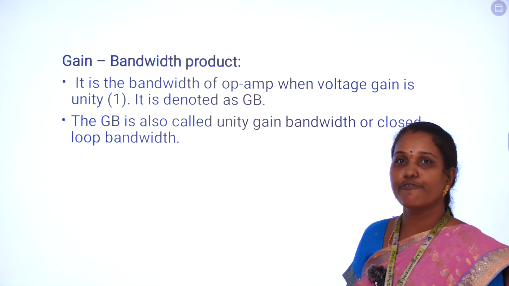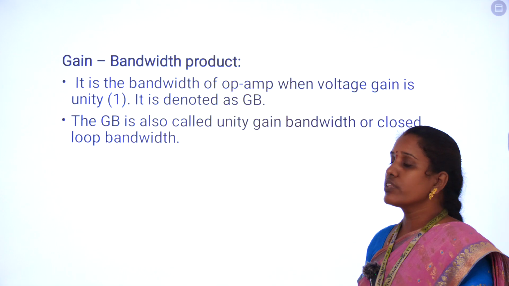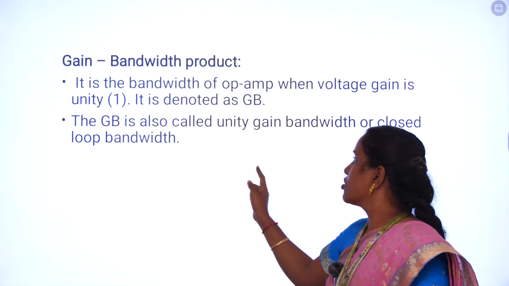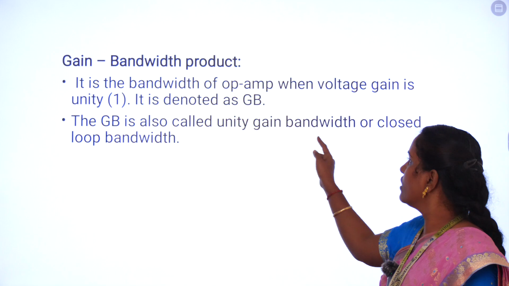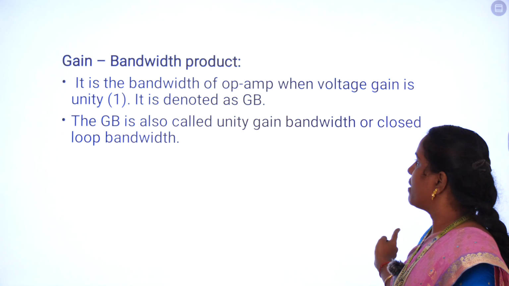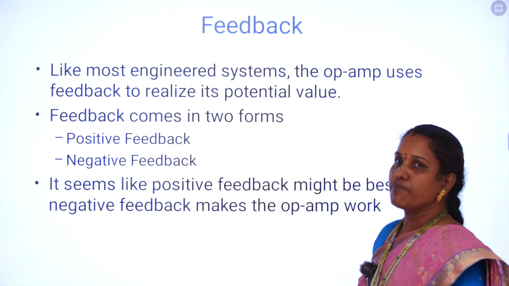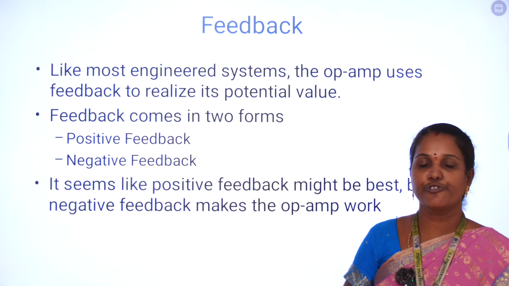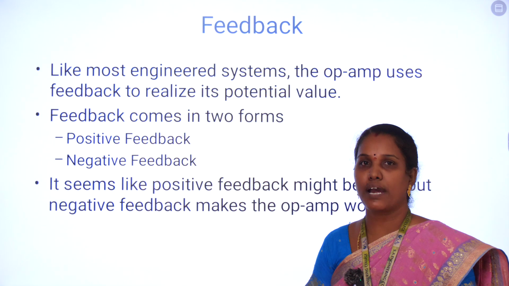Now, gain bandwidth product. The gain bandwidth product of an op-amp is defined when the voltage gain is unity, that is 1. In terms of decibels, we can call it the unity gain bandwidth, that means the closed loop bandwidth. From the point of view of AC characteristics analysis, the most important thing is that we can measure the frequency as well as the bandwidth.